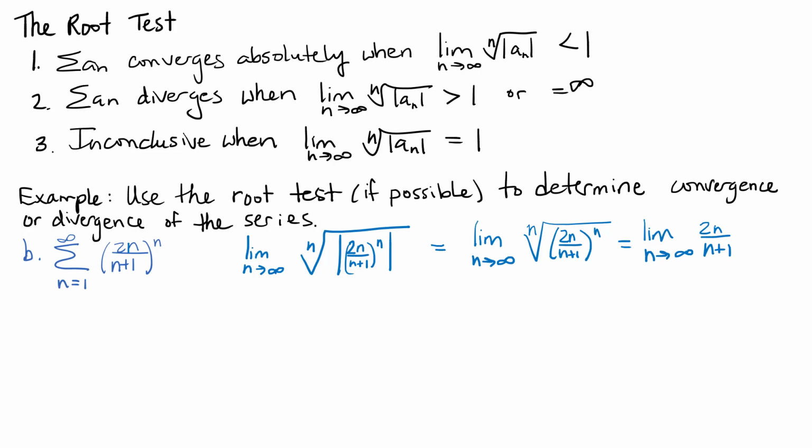The numerator and denominator have equal degree, so the limit as n goes to infinity is going to be the ratio of the coefficients, 2 and 1. So 2 over 1 or 2, but that's greater than 1. So that tells us that the series n equals 1 to infinity of 2n over n plus 1 to the n diverges by the root test.